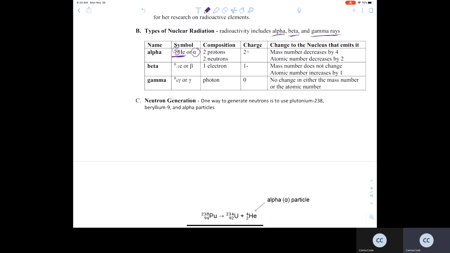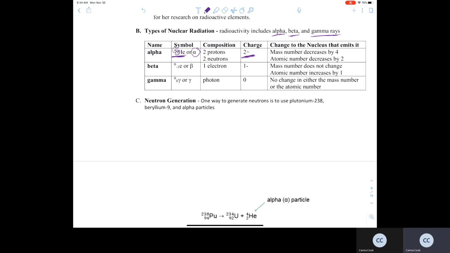So when alpha emission happens, an alpha particle is similar to a helium nucleus having 2 protons, and also 2 neutrons, giving a total mass number of 4. Those 2 protons each have a positive charge, so the overall charge is +2.